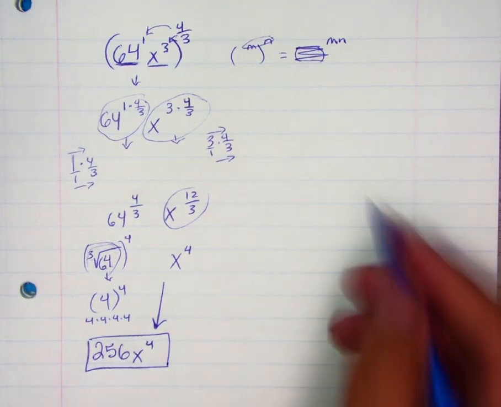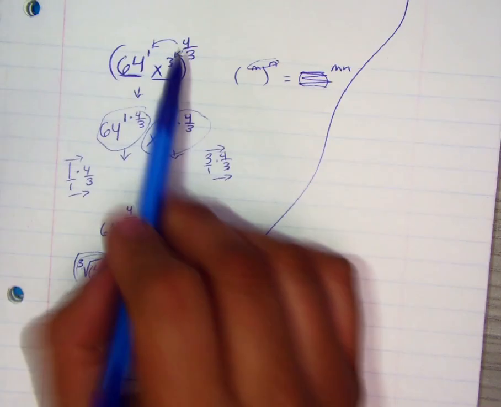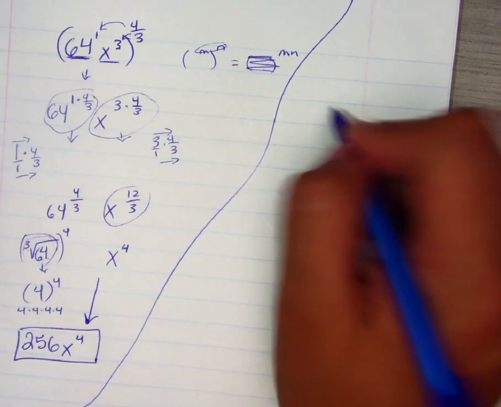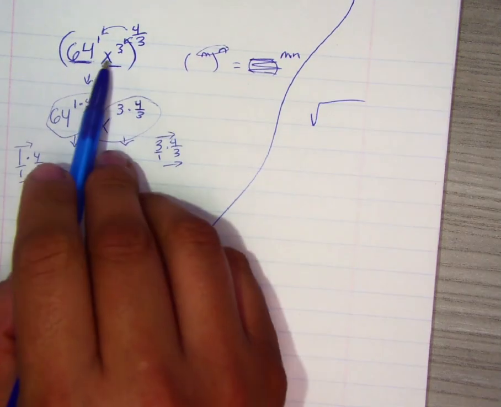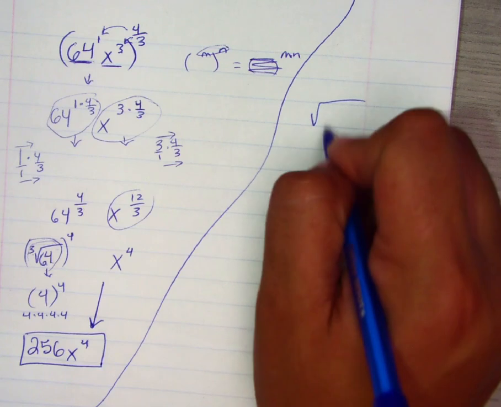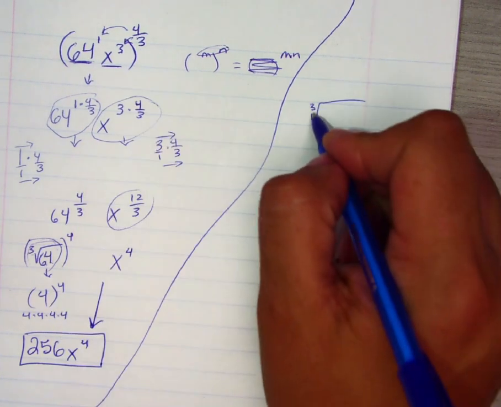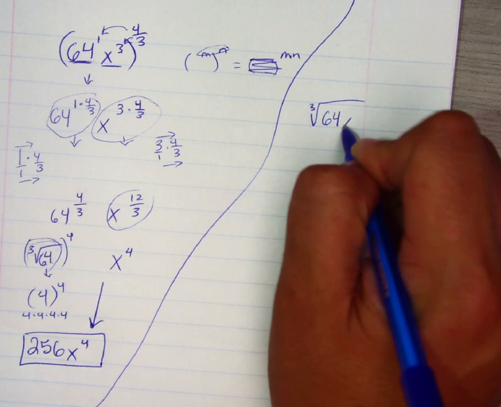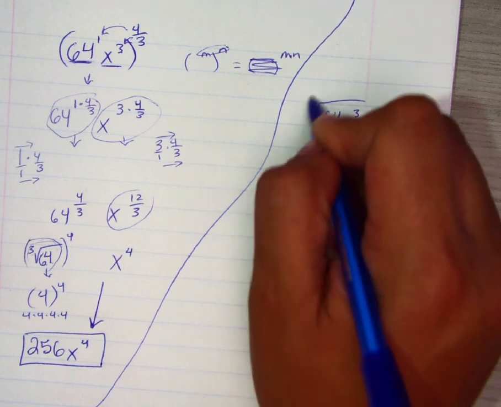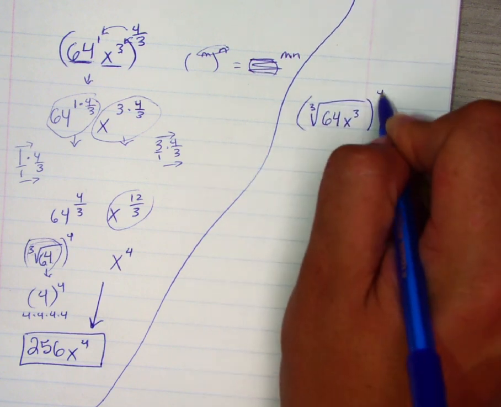Another route would have been, instead of distributing, we could have done the radical right away of the whole thing. So the cube root, because the denominator is 3, of 64x to the 3rd power, to the 4th power.